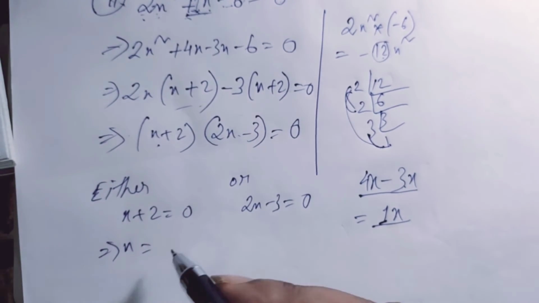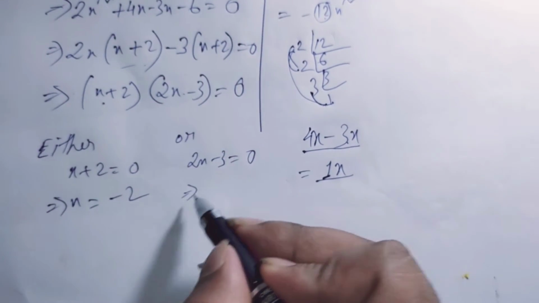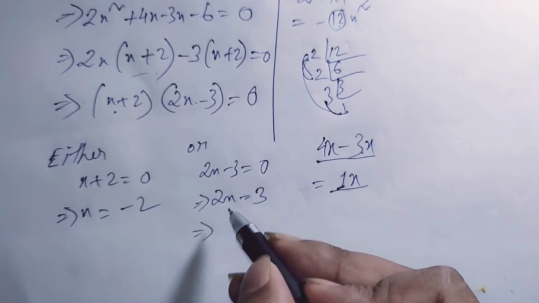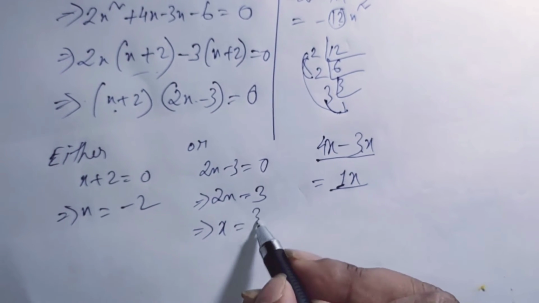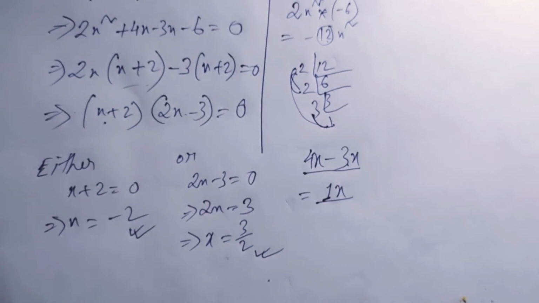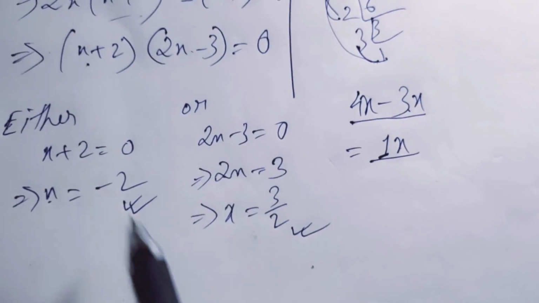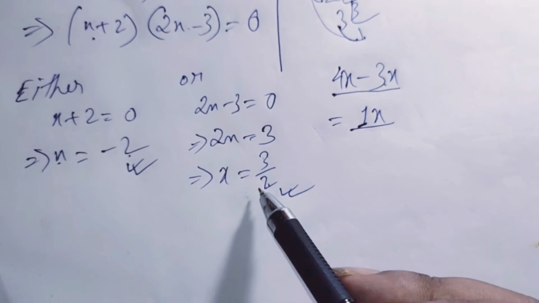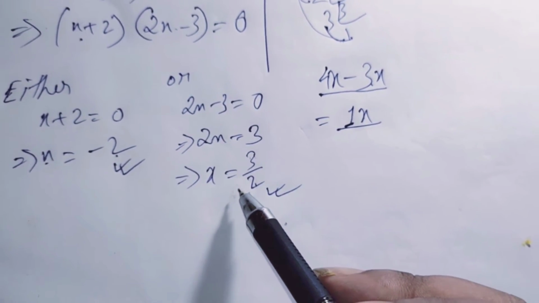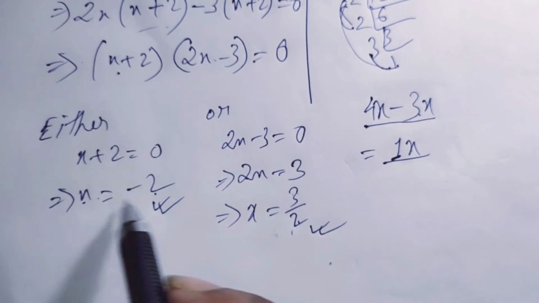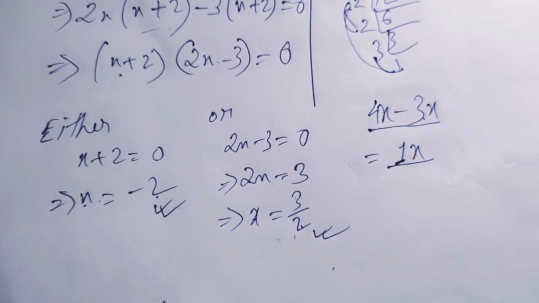Here x equals minus 2, and here 2x equals minus 3 goes that side, then becomes plus 3, and 2 comes down, so x equals 3 over 2. So we have got the two values of x, that is x equals minus 2 and x equals 3 by 2. And mind one thing, we are always going to get two values of the unknown in a quadratic equation.